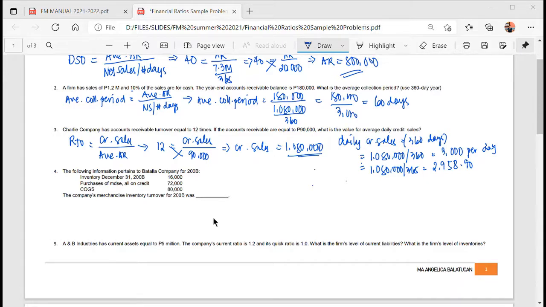Okay, so there are answers here. 1.812, 2 times. Not sure. How about the others? What are your answers? How do you get the average inventory?